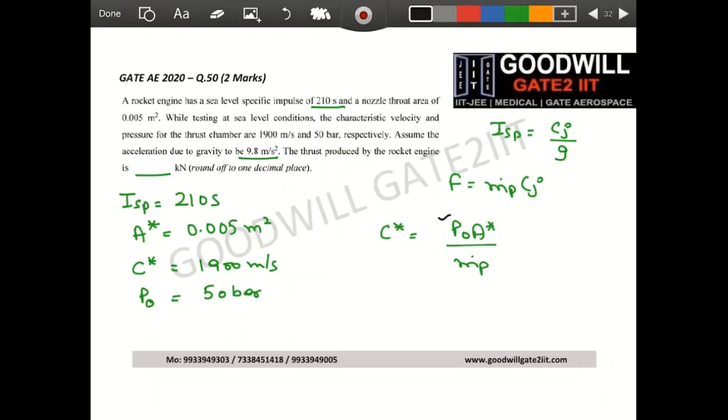You know P naught, you know A star, you know c star. From this you can calculate m dot p. Once you know m dot p, you can calculate Cj from this. Substitute everything here. Tell me the final expression in thrust. 2020, let me check the key for this. Anywhere you have doubt, just let me know.